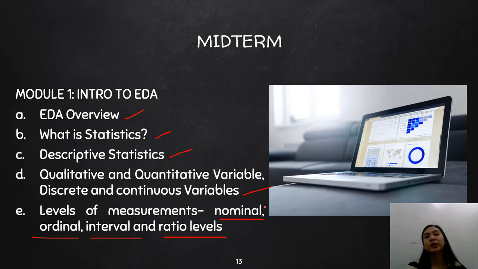This is actually very important, especially when you already go to your project study, wherein you are to determine what type of statistical tools is applicable for the study that you will be conducting. This is where your EDA is very helpful.